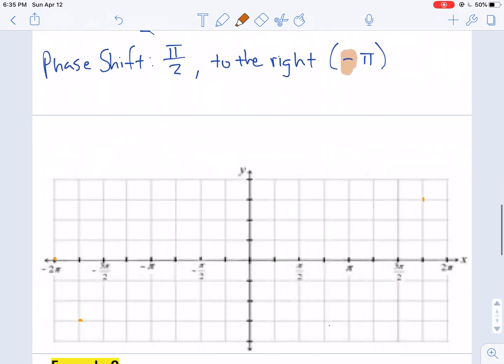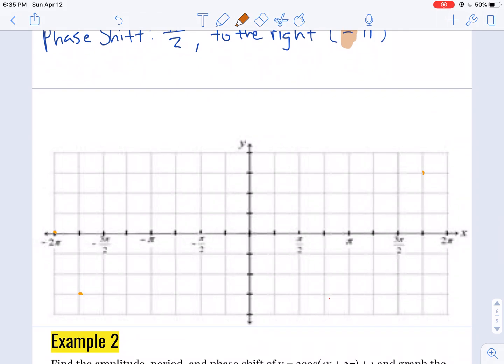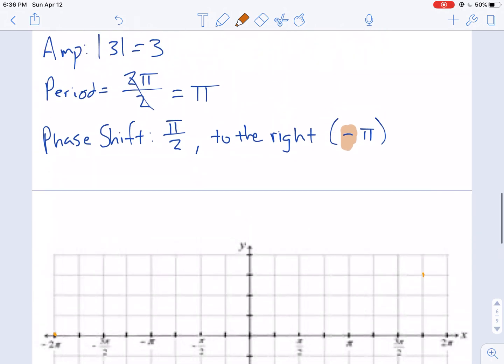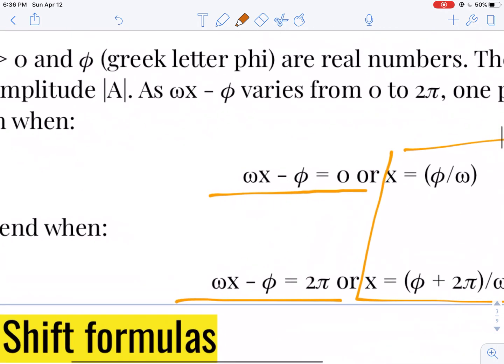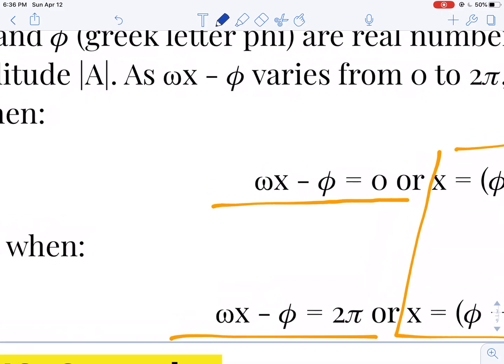Now, I'm looking at the graph, and you might be saying to yourself, all right, this is all well and good. I know my amplitude. I know my period. If it was just an amplitude and period shift, I've done enough of these from previous homeworks and previous notes that I know what I'm doing now. But I have no clue what's going on with this phase shift, Mr. Yehlen. What do I do? Well, this is where I'm going to go back up to these formulas I gave you in the notes. And again, it says omega x minus phi, omega x minus phi, and that's really making sure that you know the sign.